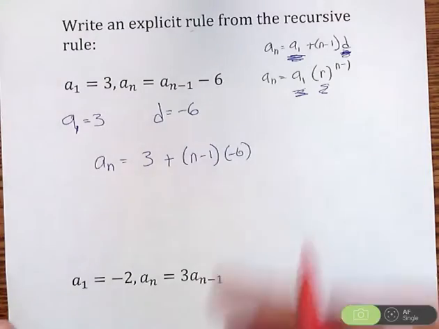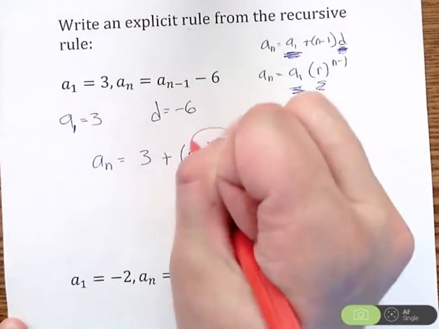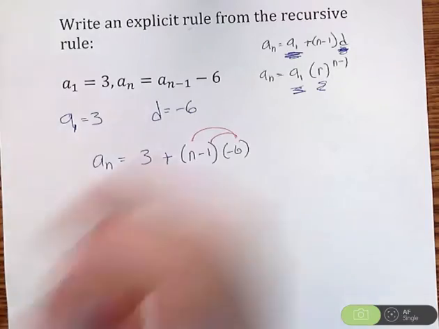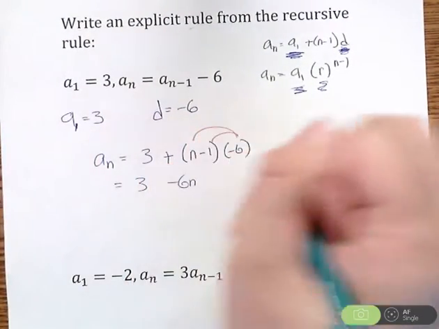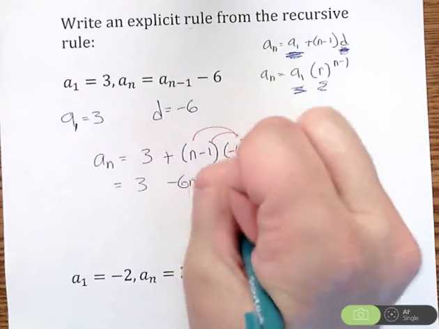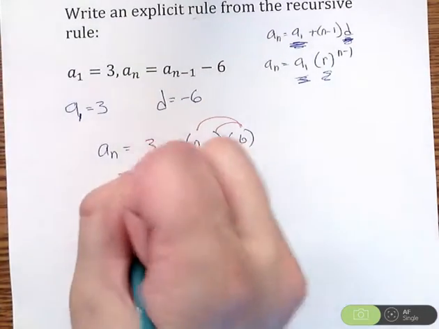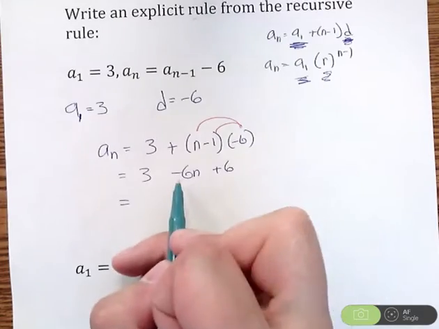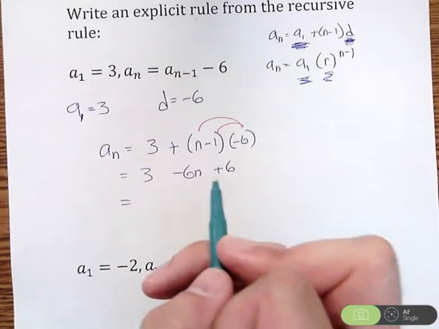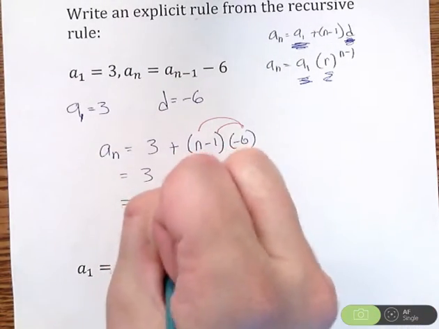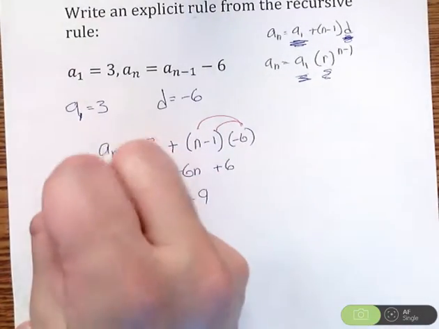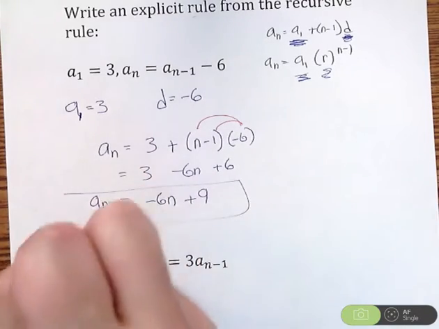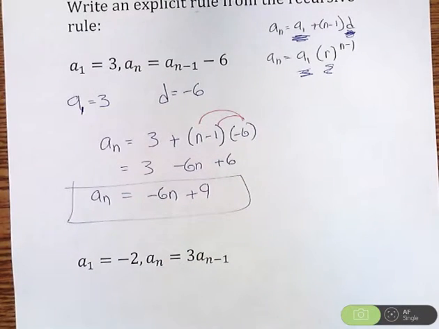We need to make sure it's simplified, so I'm going to multiply that negative 6 through. I have 3, negative 6 times n is negative 6n, and negative 6 times negative 1 is positive 6. Now I need to combine like terms. The n term is by itself, so I end up with negative 6n, and then 3 plus 6 is 9. So my explicit rule is An equals negative 6n plus 9. That is the explicit rule.